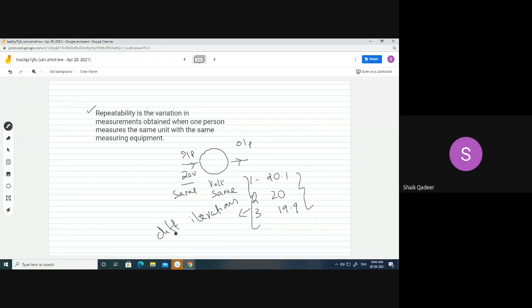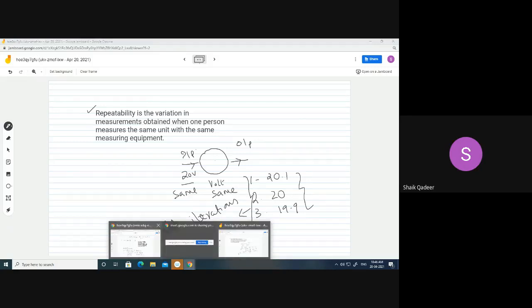Your teacher is asking you to take 10 times reading from the same instrument with the same input from the voltmeter. In that case, the intention of the teacher is to let you do the calculation of repeatability. Hope it is clear. Yes, sir.